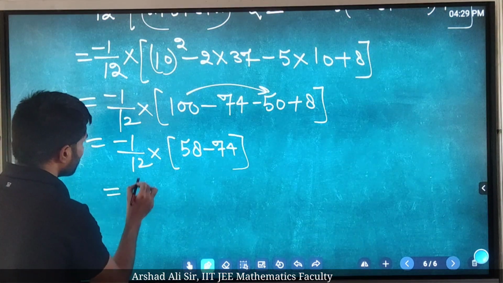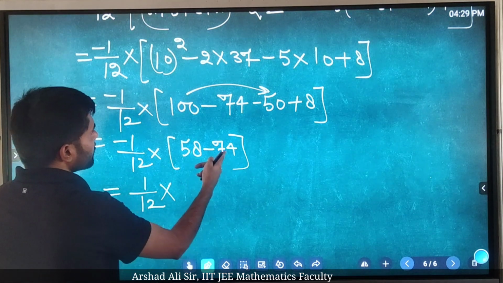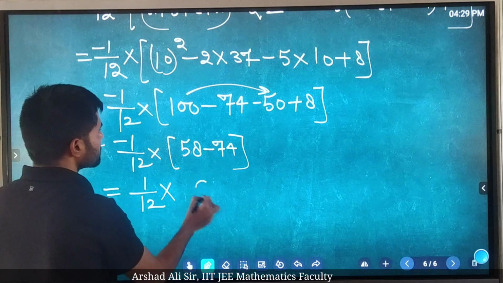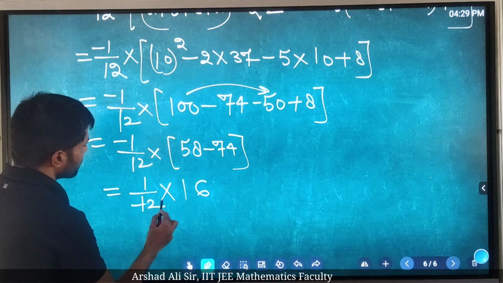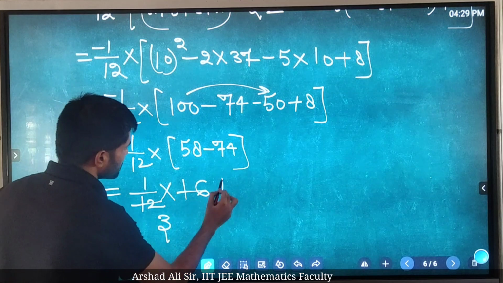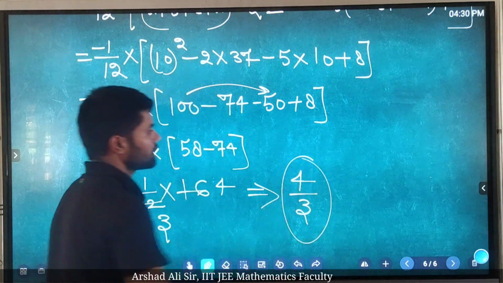Here we can easily calculate, negative will be positive, so 1 by 12 multiply 16. Then 16 by 12: 4 3s are 12, 4 4s are 16. So students, you will get the final answer 4 by 3.